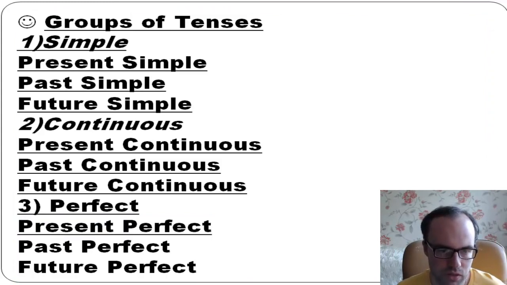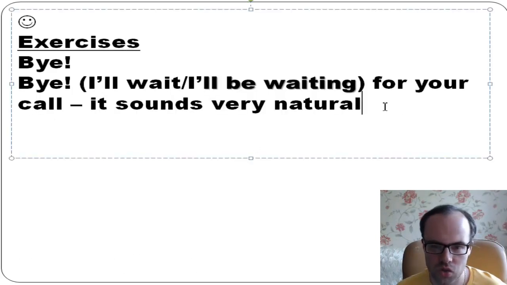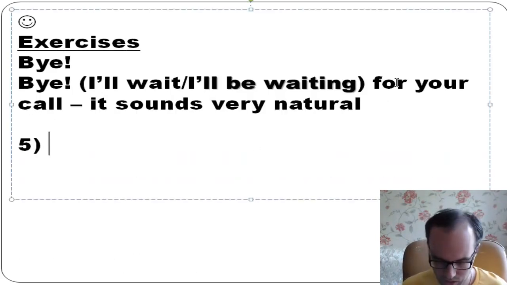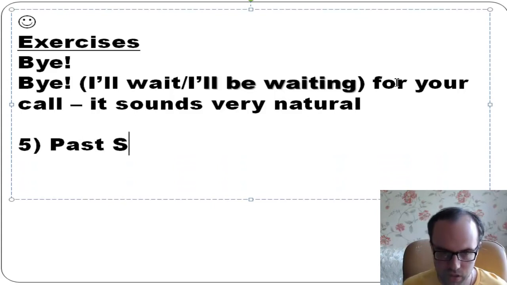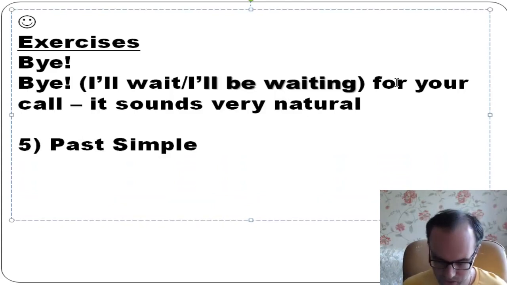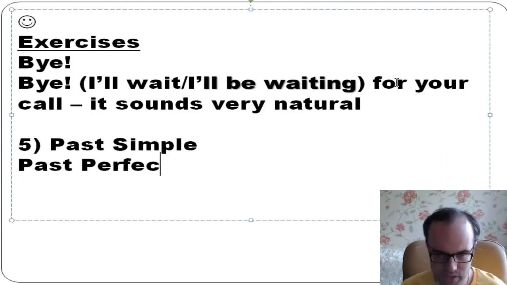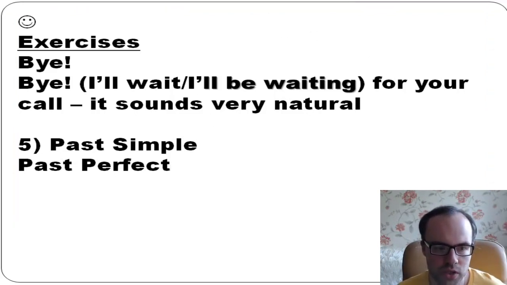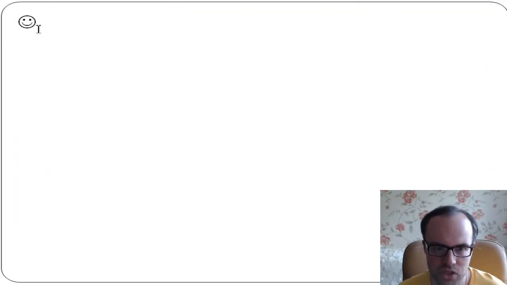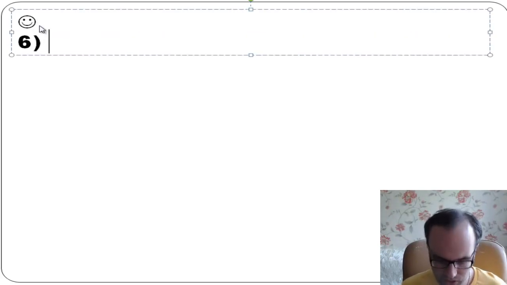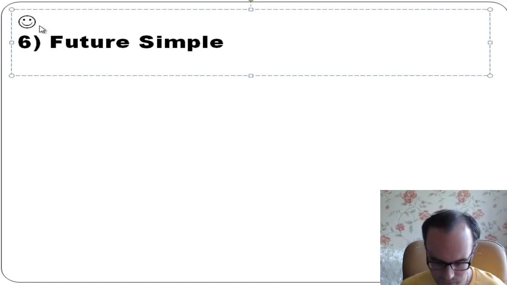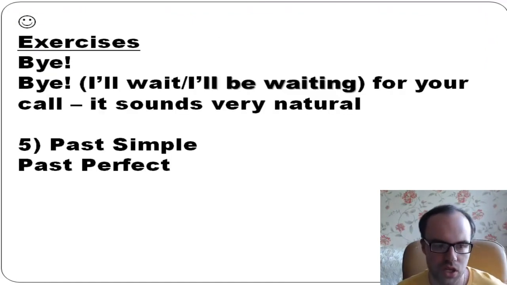Are you ready? I hope you are. So, let's do it. Past simple and past perfect. Then we'll need to look at the difference between future simple and future perfect.